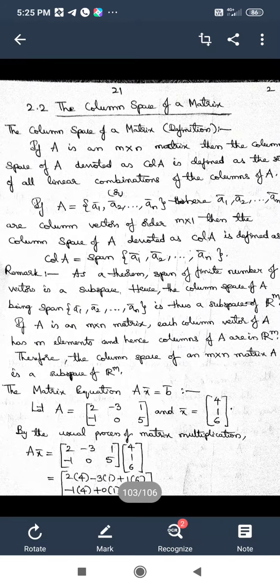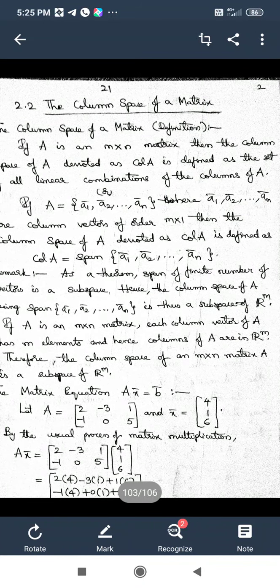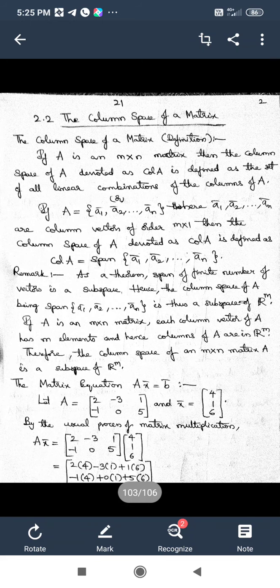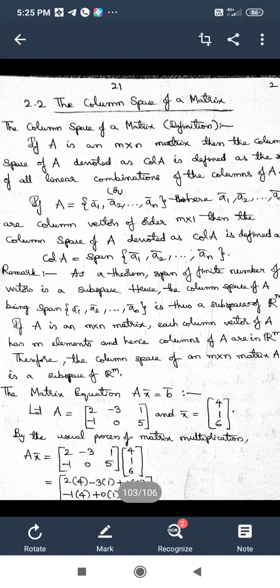Here I am taking Rm. Why should we take Rm? I will give the explanation a little bit later. Now let us understand the application of that theorem here first.